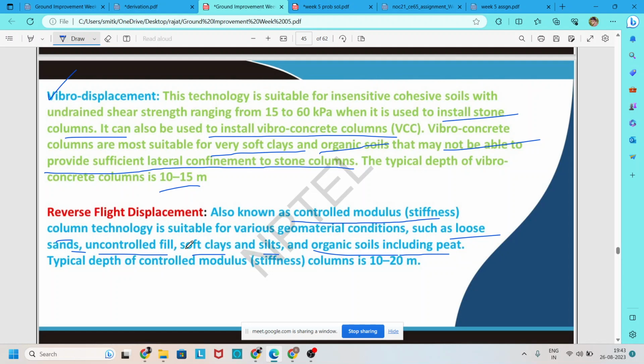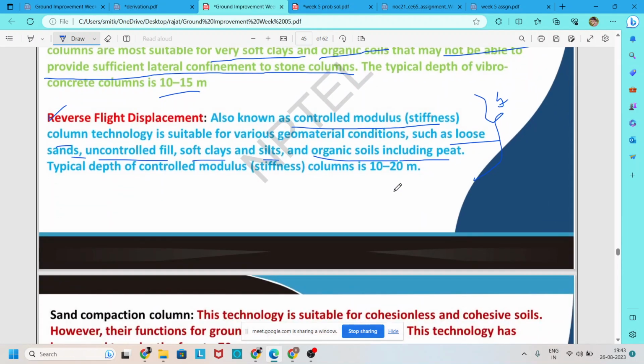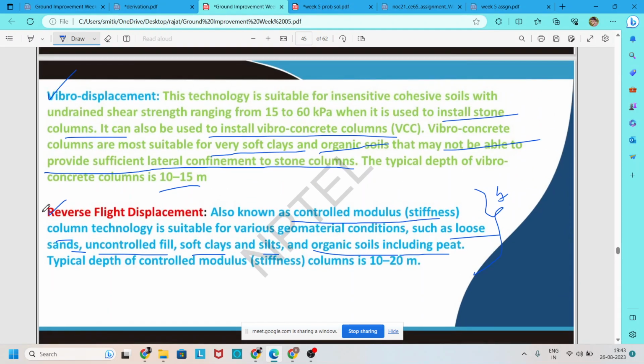This technique is mostly suitable for depths of 10 to 20 meters. It is quite expensive, but most popular also, because it gives the best result among all other deep replacement methods, because we control the strength in the laboratory and apply it to the ground.